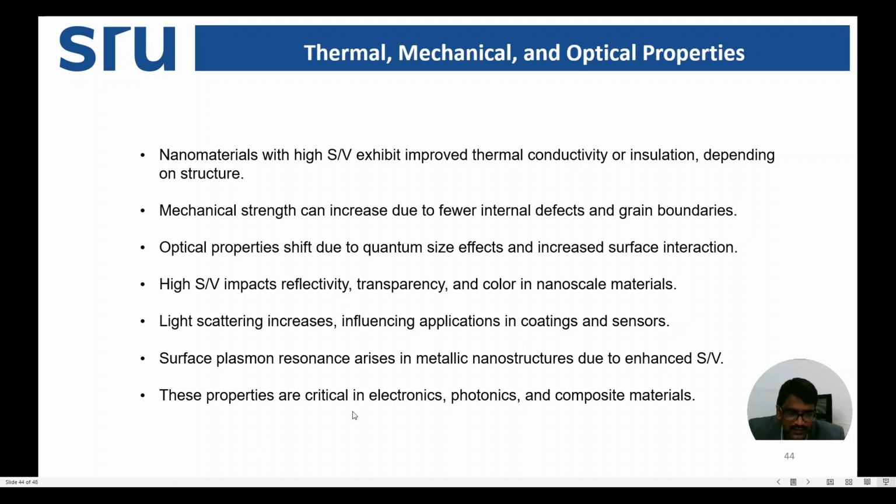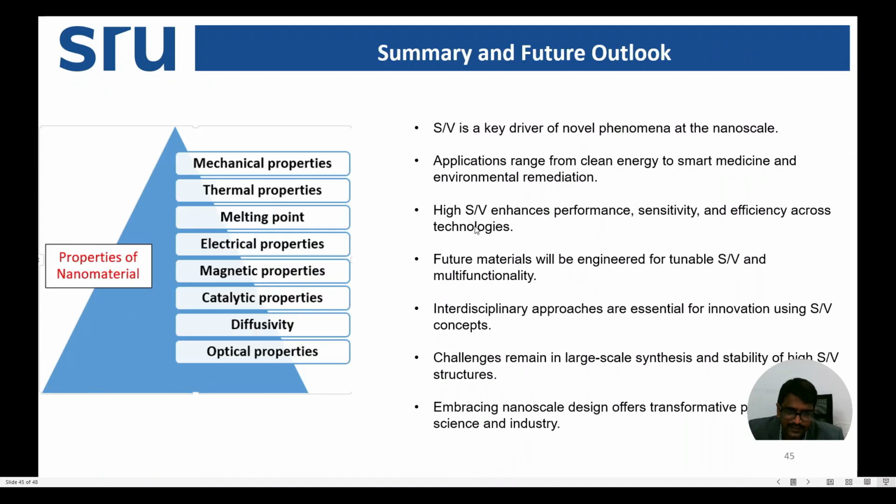So these properties are critical in electronics, photonics, and composite materials. All these properties, surface plasmon resonance and light scattering properties, optical properties, mechanical strength, can be influenced by quantum confinement, right? So what is the summary of this lecture? What is quantum confinement? What basic changes does quantum confinement bring?